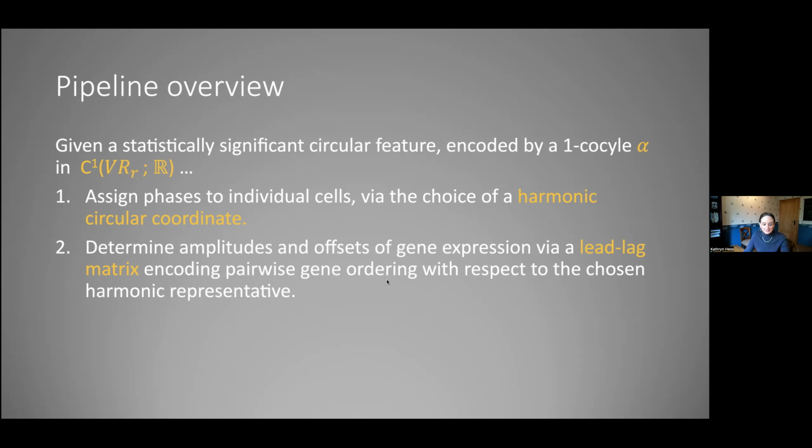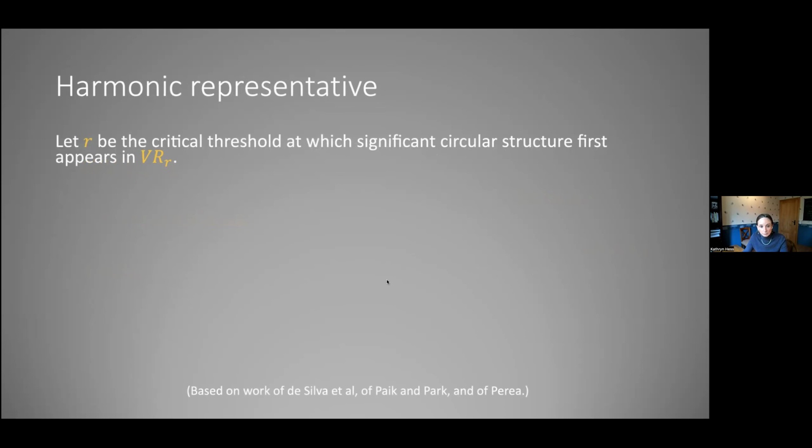I'm not going to give all the details, but we'll see something about how this works. That's our goal. So what is this harmonic representative story? Suppose we're back at our critical threshold at which we first see significant circular structure, looking at this series of topological spaces or geometric objects that we get by slowly growing balls around the points. This is in the case we were talking about before. This is R equals 0.9.